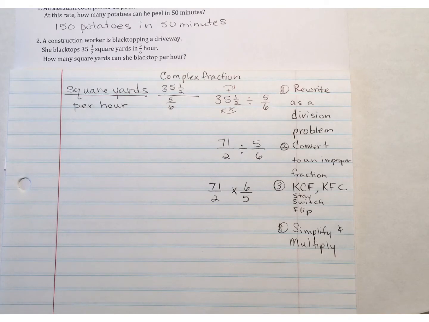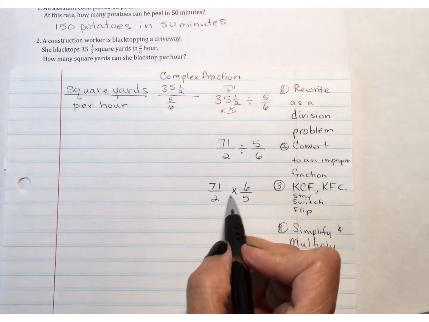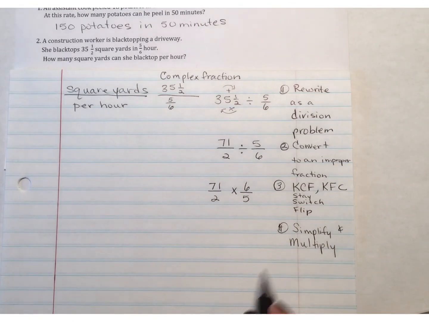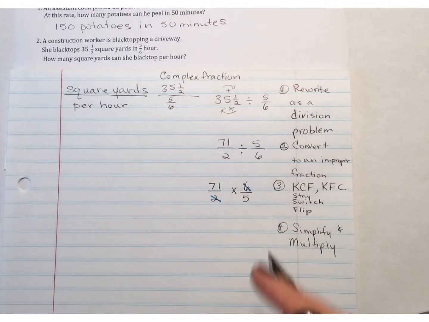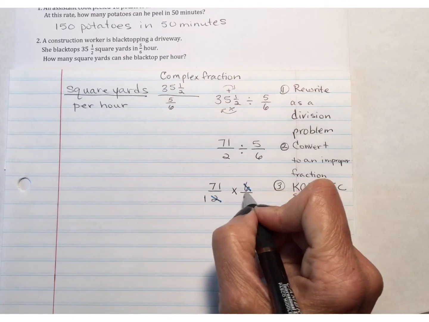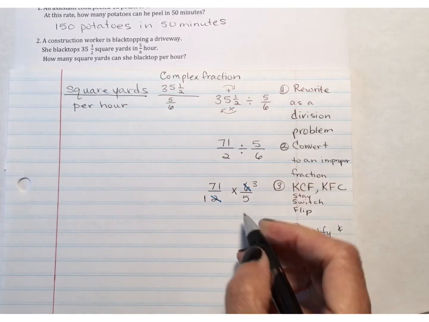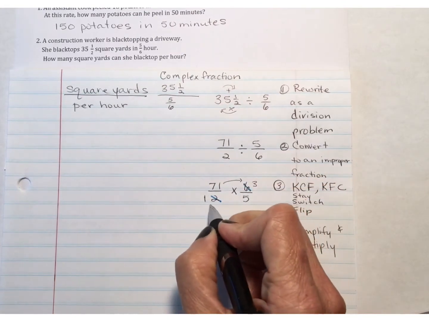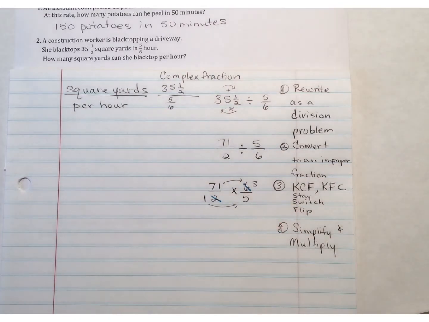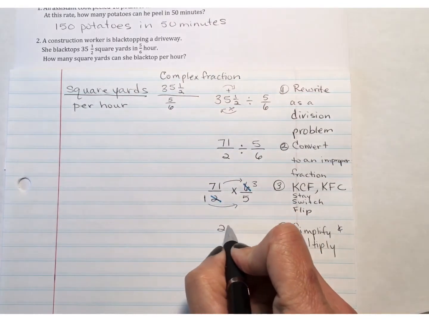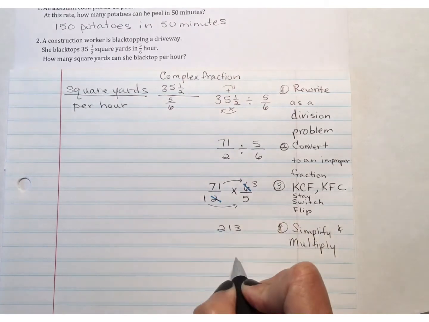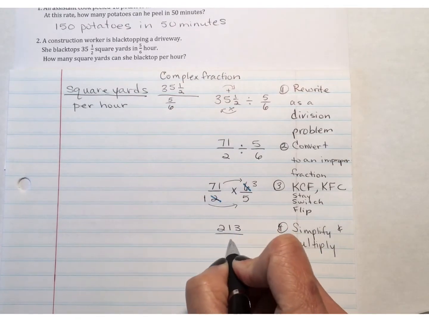So for the next step, you just want to either multiply straight across, or you can simplify and then multiply. When I say simplify, what I mean is this 2 and the 6, the numerator and denominator, will simplify. 2 goes into 2 one time. 2 goes into 6 3 times. And then you just multiply 71 times 3 and 1 times 5, and you end up with 213 over 5.